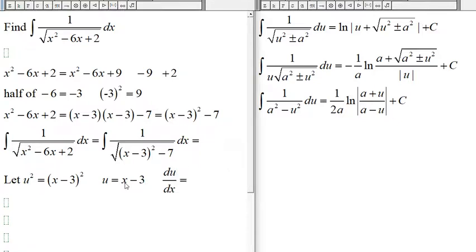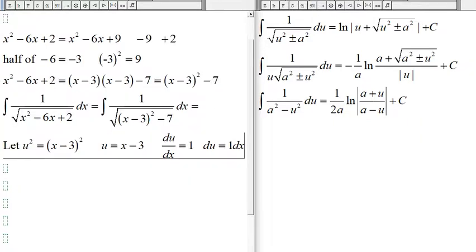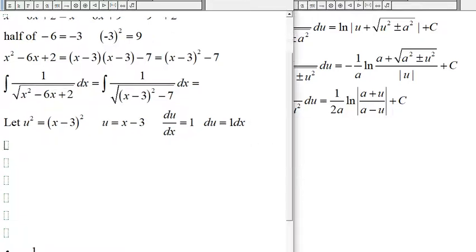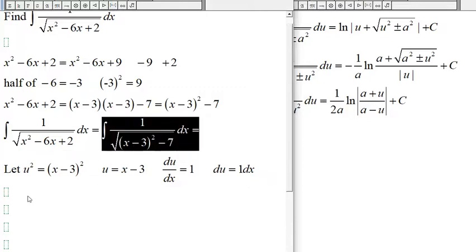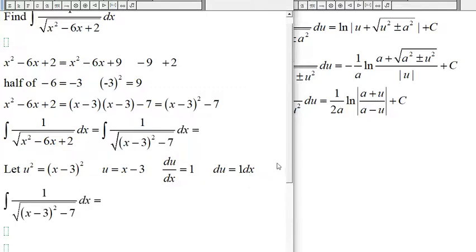The derivative of x is 1, derivative of 3 is 0, so we get 1 plus 0, which is 1. So this means that du is equal to 1 dx, which is dx. And now we're ready to make the substitution.